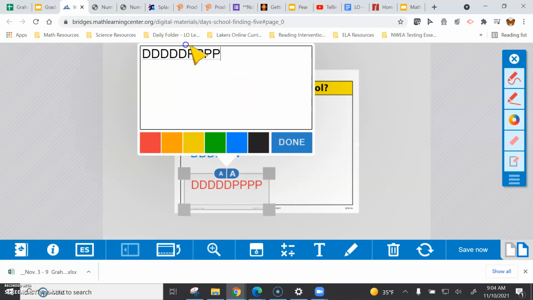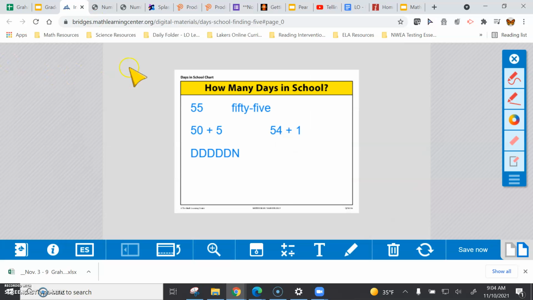So dears, we are going to continue to show different ways to make our number of the day. Can you think of a way to make 55? Why don't you write that down?